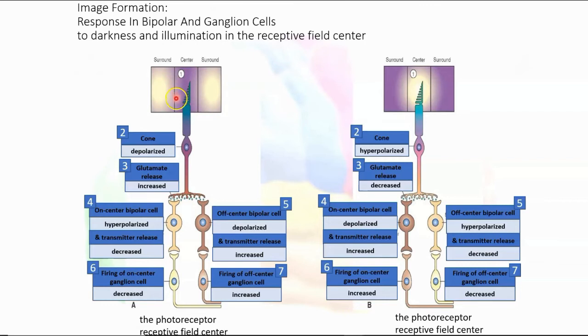Ganglion cells also have two types, which are on-center and off-center ganglion cells. Ganglion cells do not create a receptive field pattern. However, they transmit or relay the organization of a receptive field that is already present at the level of bipolar cells.